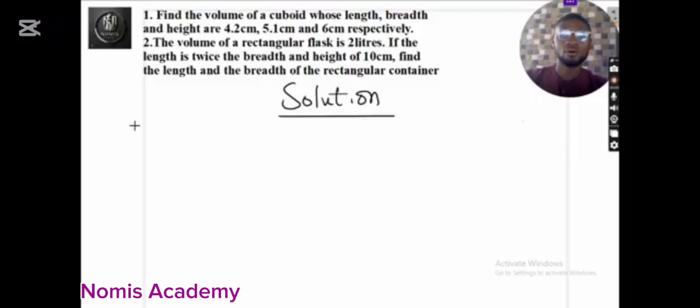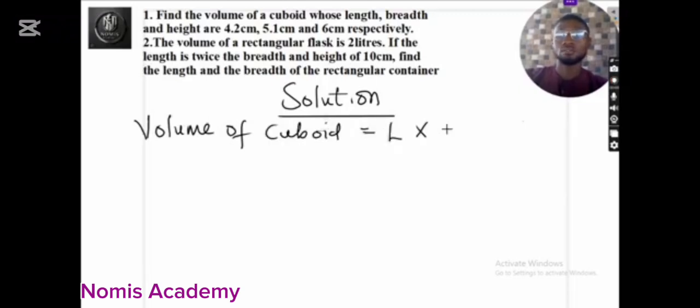So having known that the volume of keyboard equals length times breadth times height, I can take the parameters given.